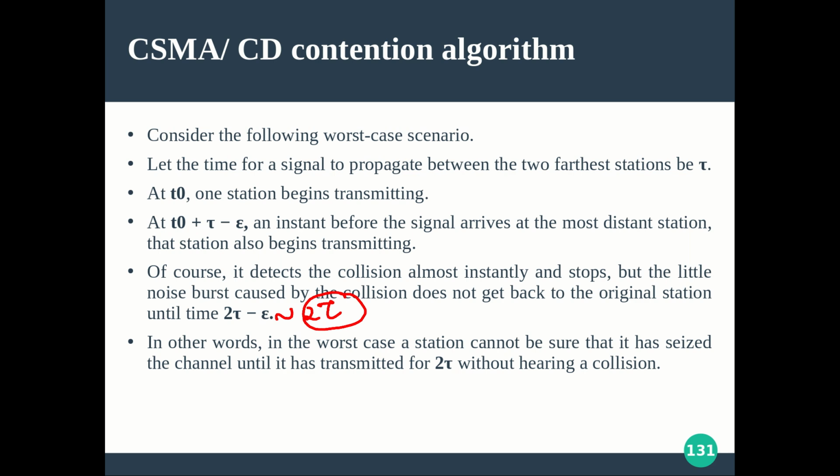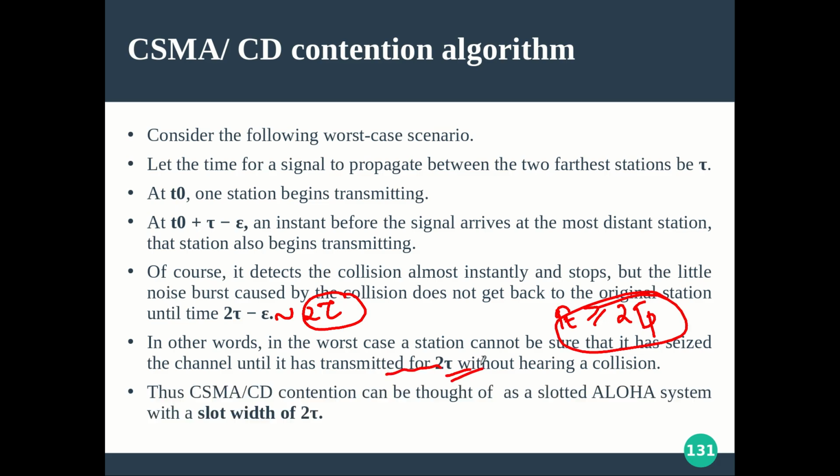That will be understood by the sending station only if it holds this property. What is the property? The frame transmission time should be greater than or equal to 2 times the propagation time. So this is the conclusion: the transmission of the sender should continue beyond this 2 tau.